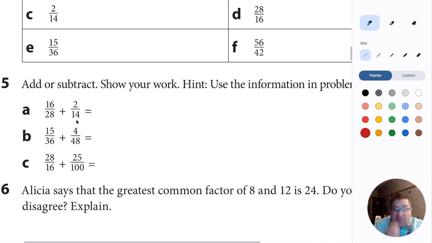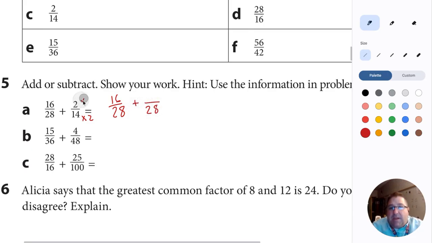Well, hopefully we just learned or remembered 14 is actually a factor of 28, right? So if you can keep the larger number, if I can keep this 28, that'll make it a little bit easier because it turns out, yeah, 14 times 2 is 28, right? So I can leave 16 over 28 alone, don't need to change him.